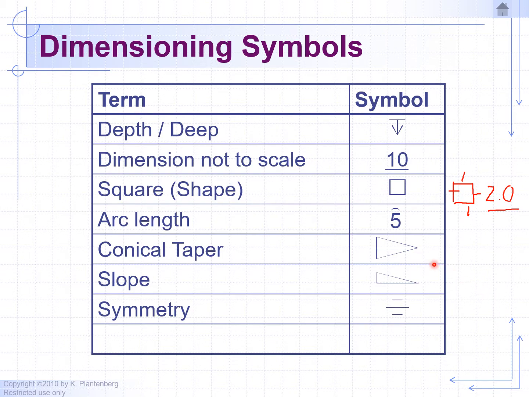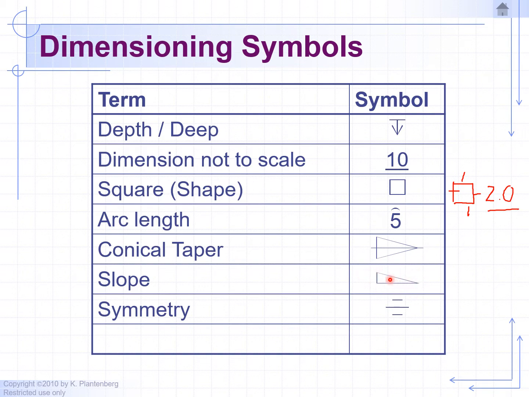Also, we're not going to use the following, but in some cases you're dealing with conic shapes. When you're dealing with conic locators, for example, when you have a cone fitting inside its opposite shape, you use a conical taper symbol to dimension it. Next, we have slope, which you see a lot in architecture.